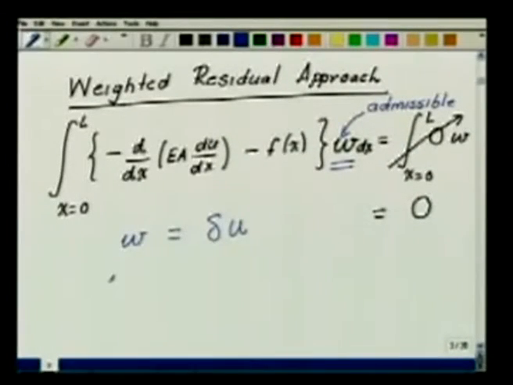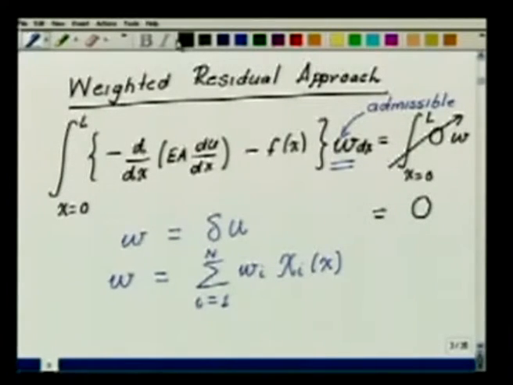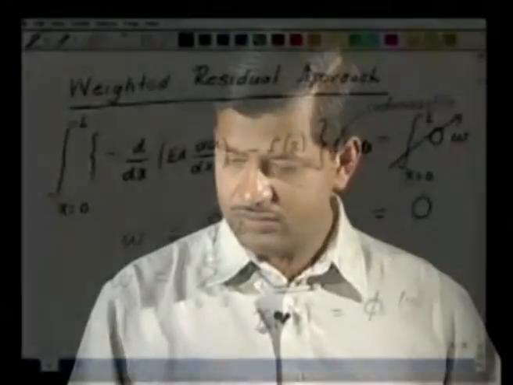Now if I take w to have a representation of this type, let us say I am using the series solution that we formed earlier, such that these functions chi I are not equal to the functions phi I that were used to represent the solution to the problem, then this formulation is called a Petrov-Galerkin formulation.